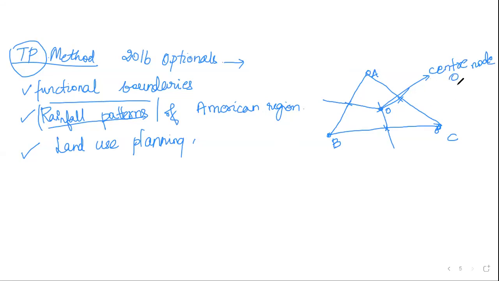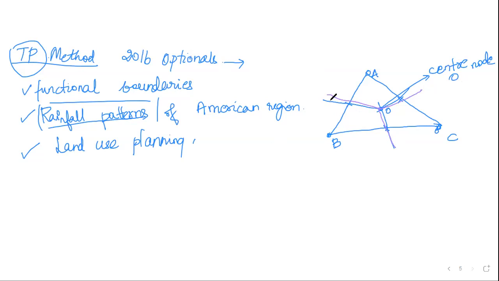Center node O. Now what I'm doing is, let me take a different ink. Now I will be joining the center point O with the midpoints of these three lines.